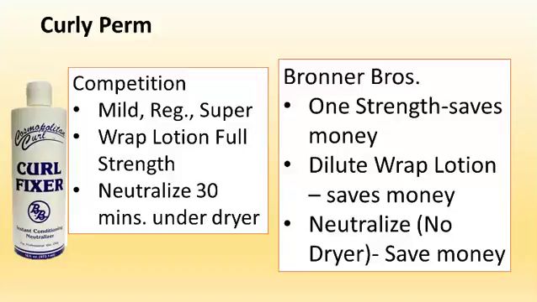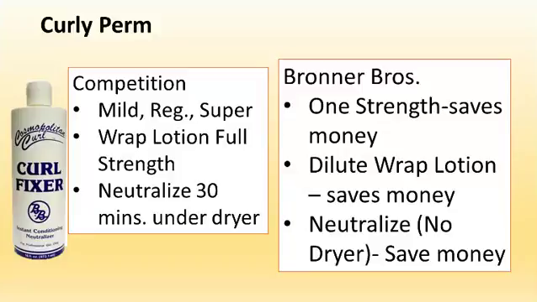The second thing that we showed them in the demonstration, the second step, was to actually roll the hair on these rods using a wrapping solution. With the curl of the competitor, you had to use that wrapping solution full strength.